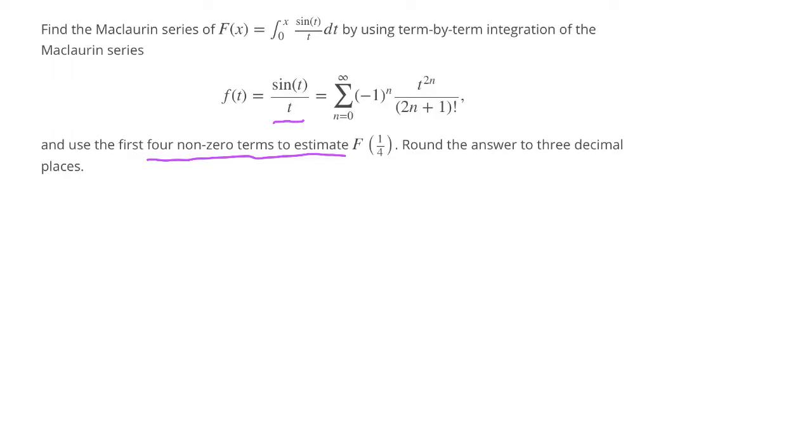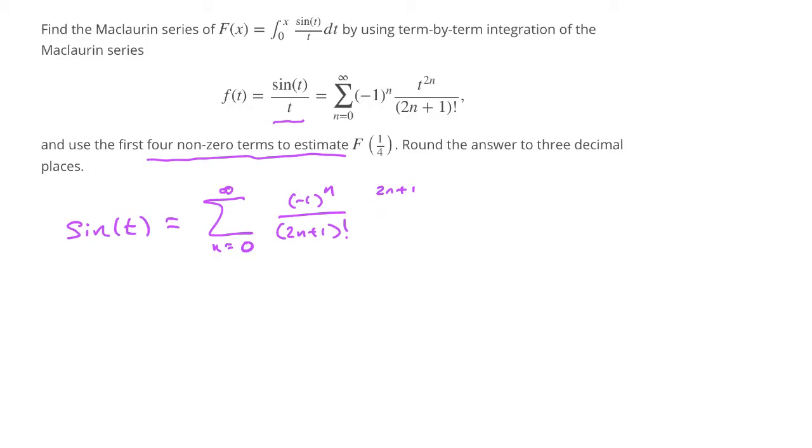Well, if we weren't given that sine series, we know that sine of t has a power series expansion: the sum with n going from 0 up to infinity of (-1)^n over (2n+1)! times t to the 2n+1.